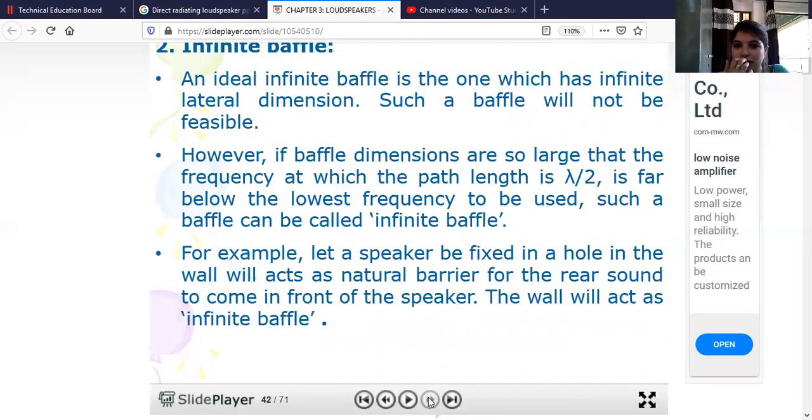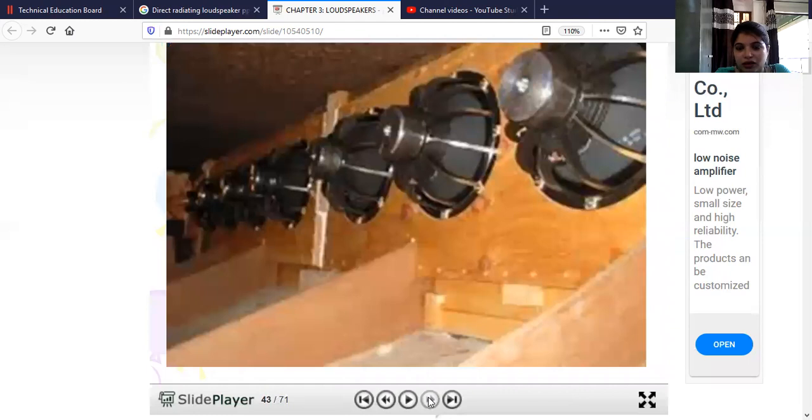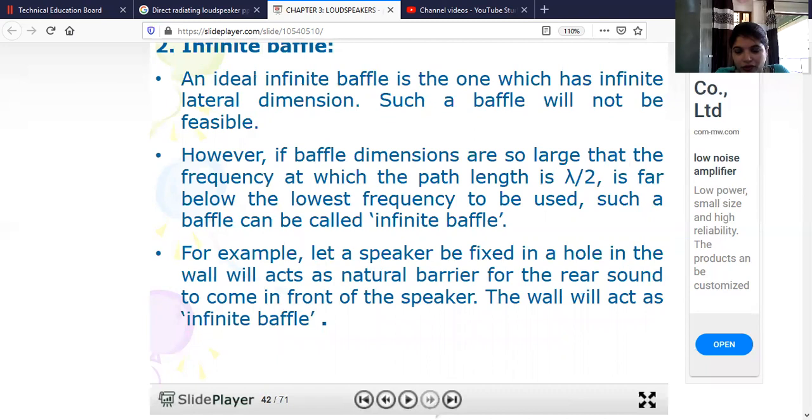Then here comes the infinite baffle. In an infinite baffle, it looks like this. The speaker was fixed in a hole which was acting as a natural barrier.